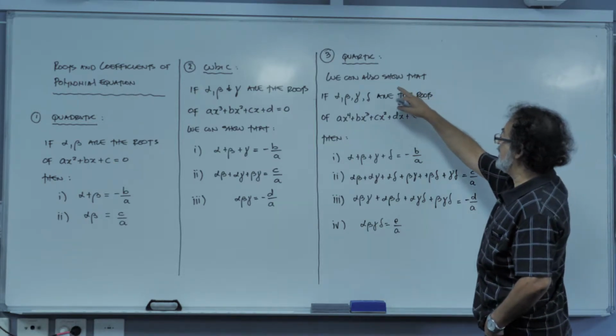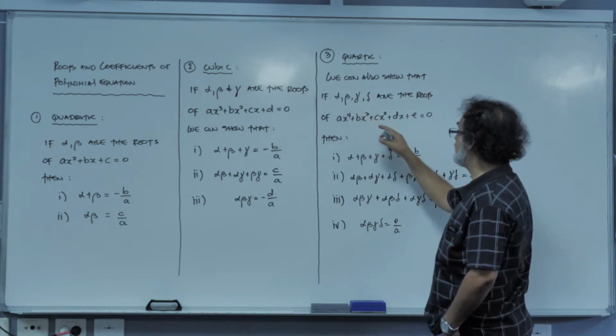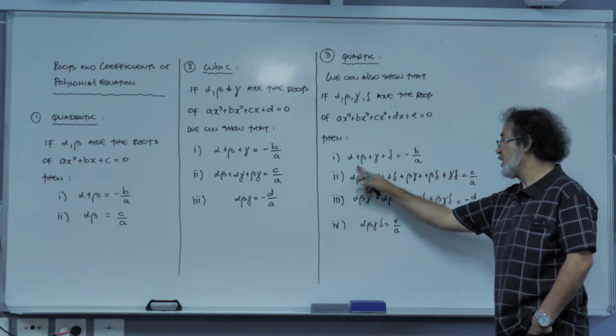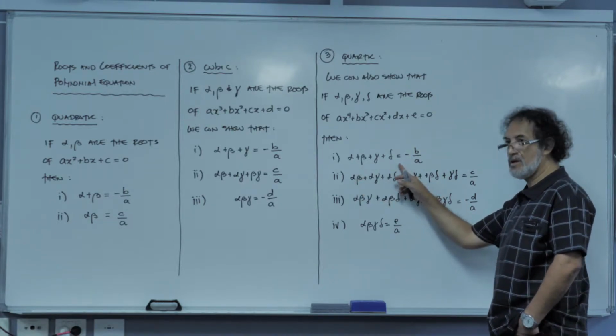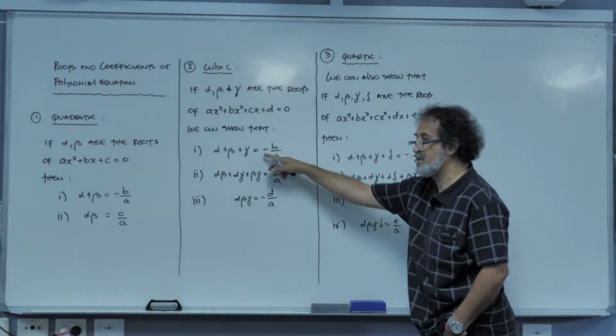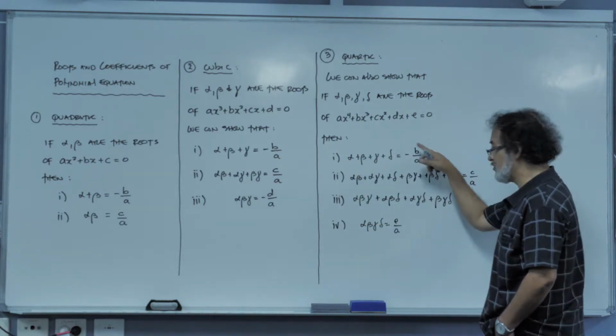So in here we can also show that if alpha, beta, gamma, and delta are the roots of this long equation, then when you add them all together, the answer is minus b on a, which is always the first part. Can you see that the addition is always the same?